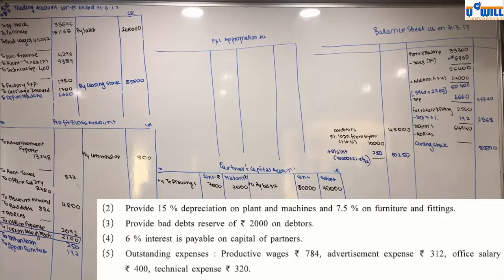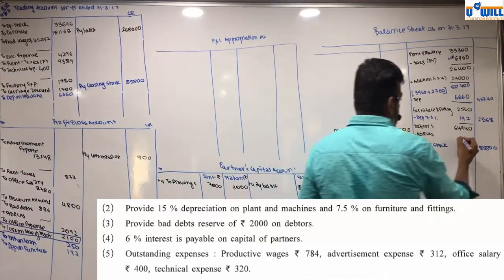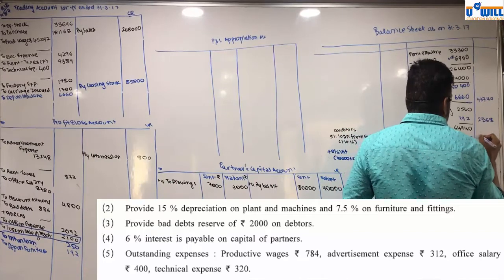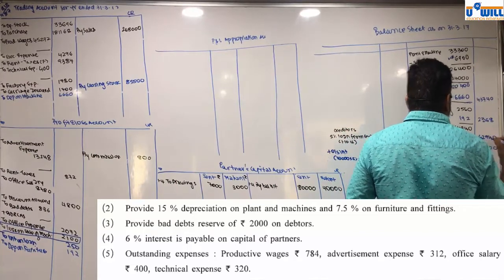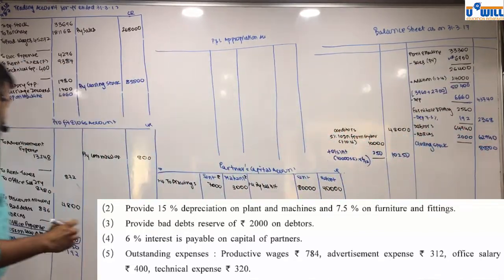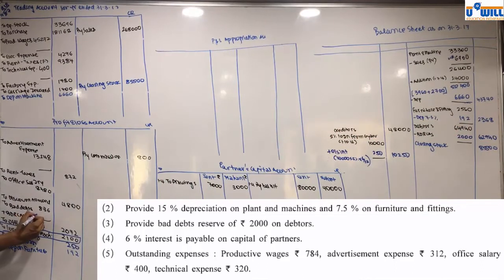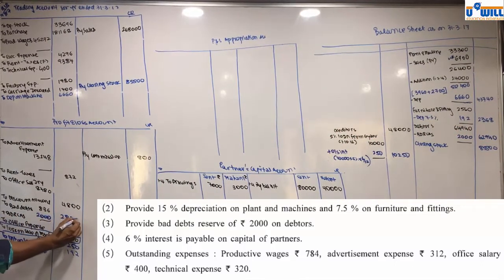Bad debt reserve 2000 on debtors. Minus 2000. 62940. Second effect, 2000. 2836.